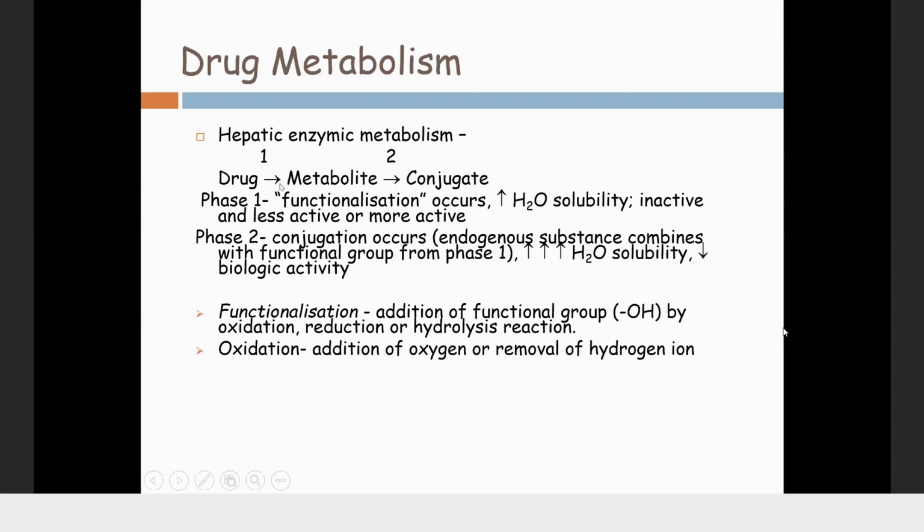There are two phases. Phase one is referred to as functionalization. So what is functionalization? It's the addition of a functional group, the OH group, by the process of oxidation, reduction, or hydrolysis. What is oxidation?